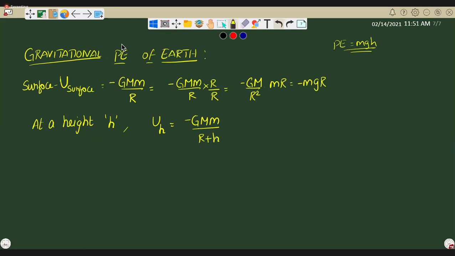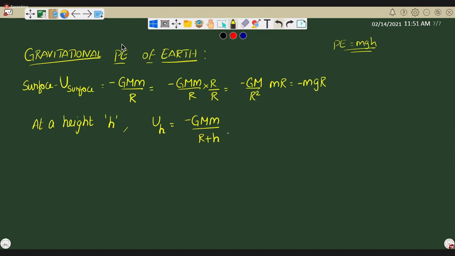Understood? Now what I will ask is, what is the work done by an external agent in taking a body from the surface and placing it at height h? That's what the question will be.